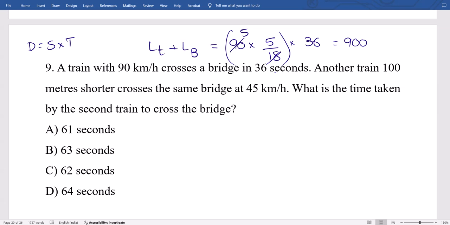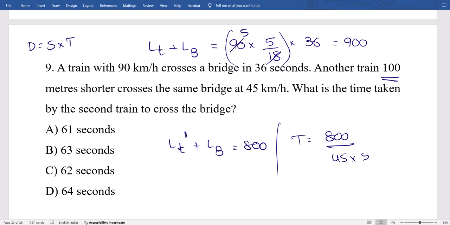Now crossing the same bridge, the train which is 100 meter shorter, then length of the train plus length of the bridge will be 800 only. This is the second one because of the 100 meters shortage. Now what is the time taken? It is 800 divided by speed 45 kilometer per hour into 5 divided by 18. 9 2 times, 9 5 times, 5 into 5, 25.